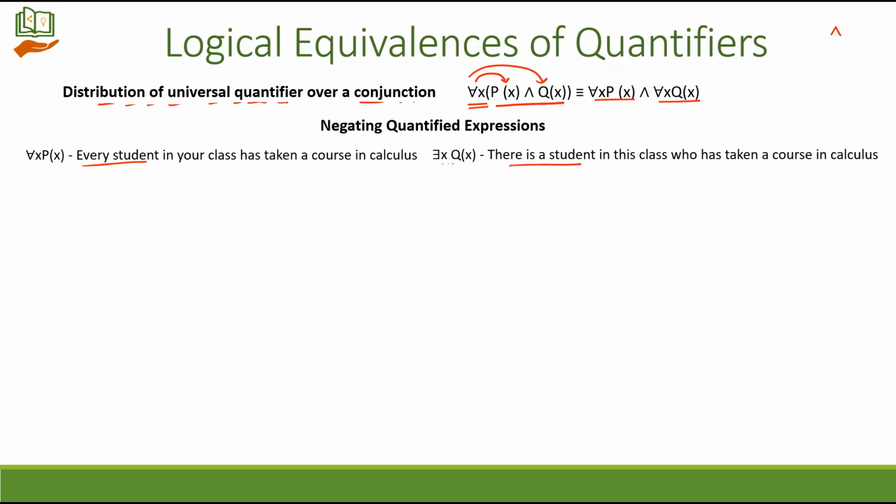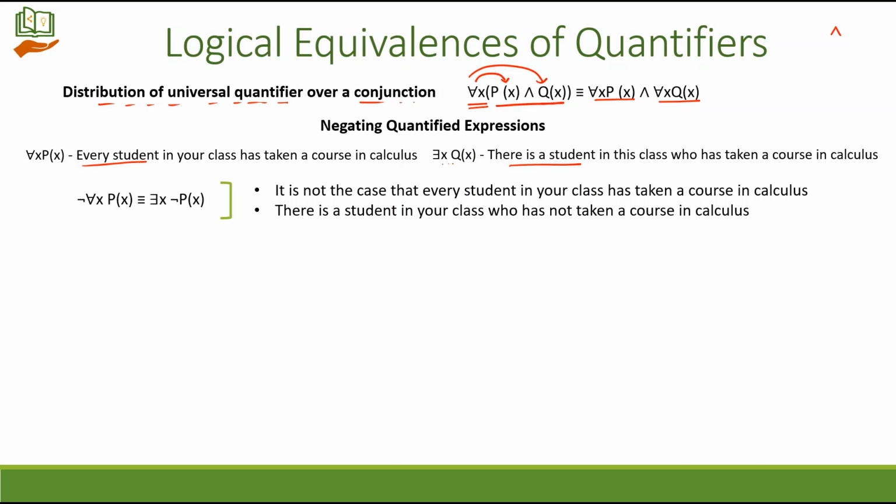Now we look upon the expressions. Negation of universal quantification is equal to applying this negation to p of x and changing this to the existential quantifier. Now let's see the negation. It is not the case that every student has taken a course in calculus.